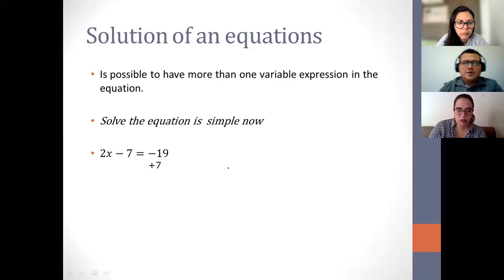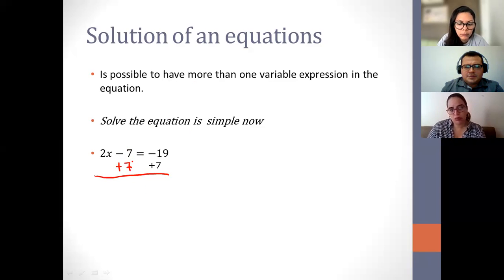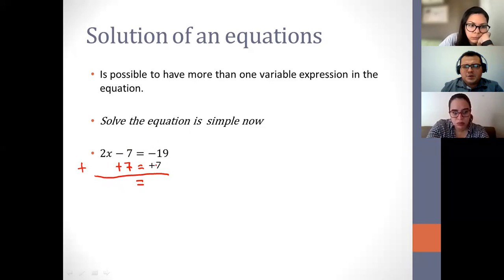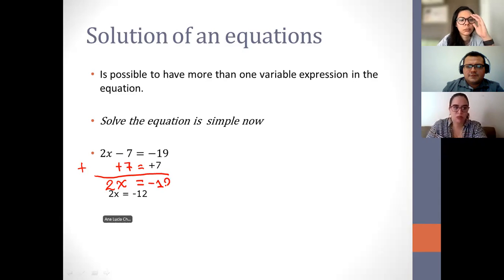It works through this principle: if you add 7 over there, you have to add 7 in the other part of this equation. What's going to happen? The equal stays the same, and it's like smashing those equations. So the 7 and the -7 over here cancel each other. They make 0. So then 2x equals the result of this, -19 plus 7. -12. Minus 12.